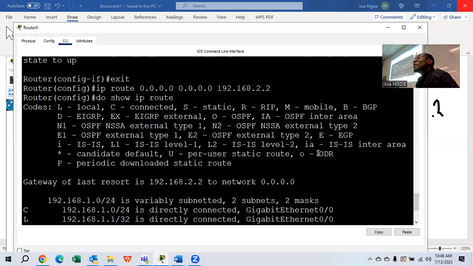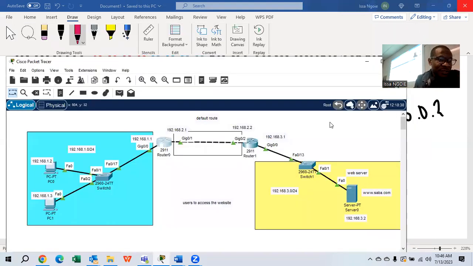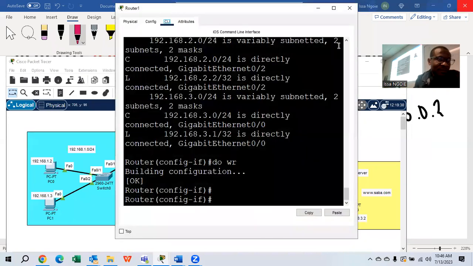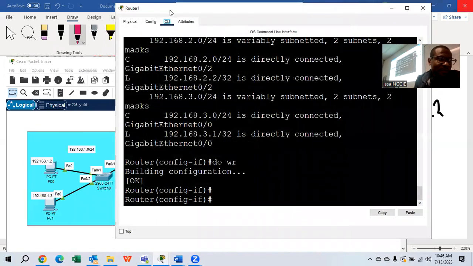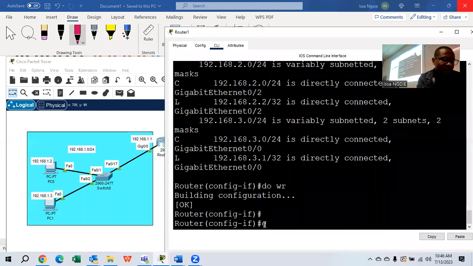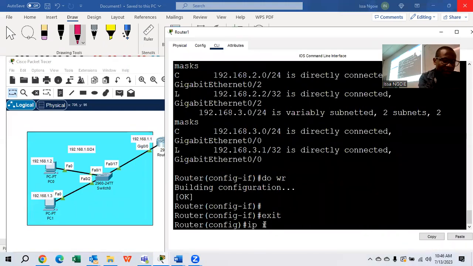Are you done? Now we're gonna go to the second router, right? We exit first. IP routes, any network that will have any subnet.